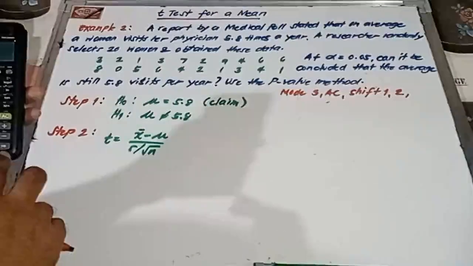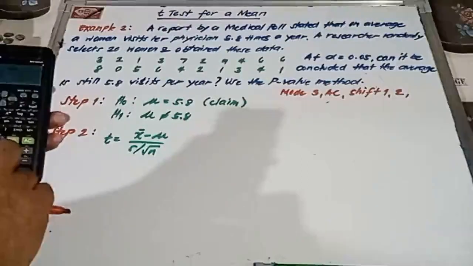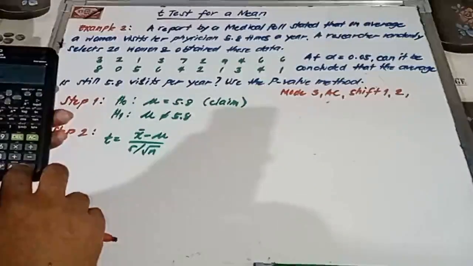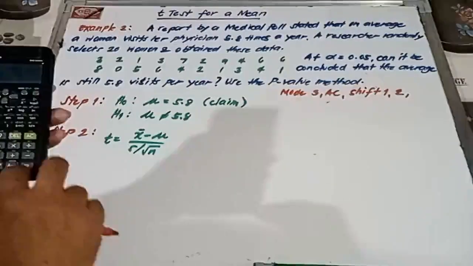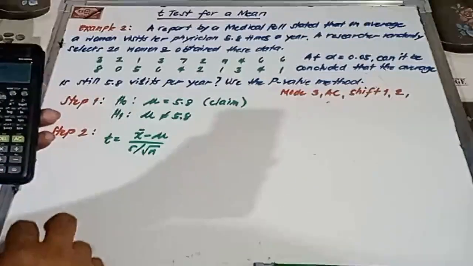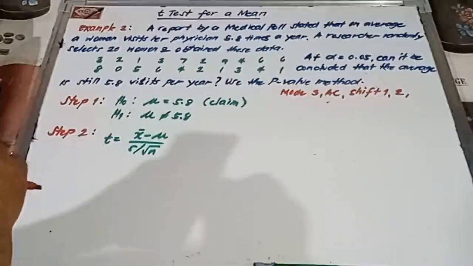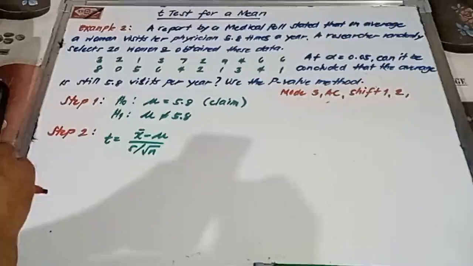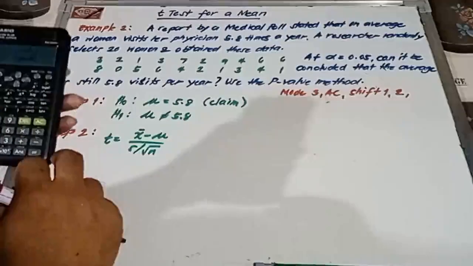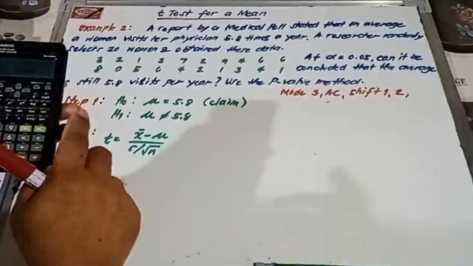So, we have 0, 1, 2, 3, 4, what else? 5, may 6 ba? 6, may 7, may 8, and may 9. Okay? Wala nang 10. Lagyan natin ang frequency yung bawat x values na yon.